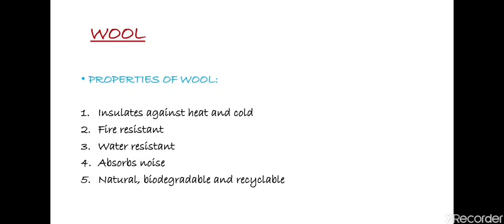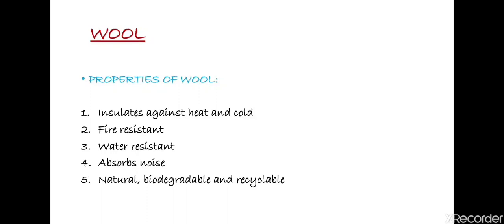Fine. So the first property is that it insulates against heat and cold. Second property, it is fire resistant, means wool is resistant to fire. For the same reason, woolen blankets can be used to put out fire, right.